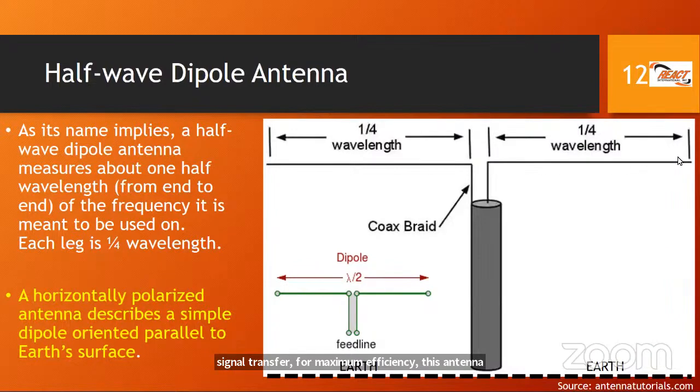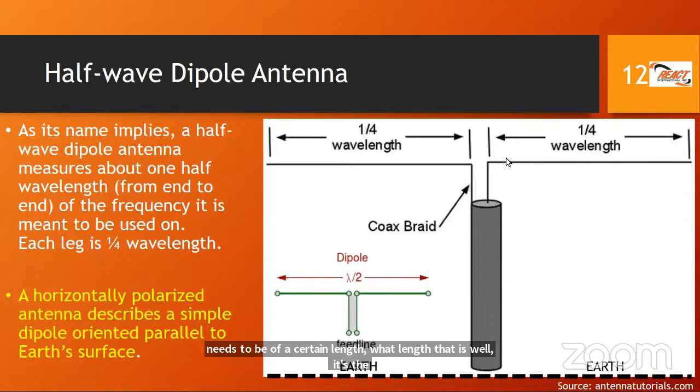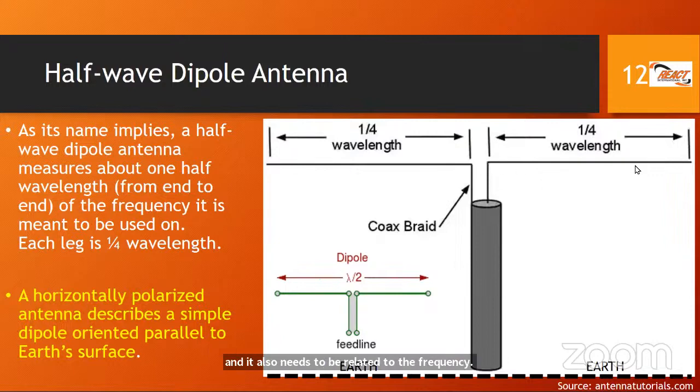What length is that? Well, it's the wavelength, and it also needs to be related to the frequency. So we need to cut, construct, or make this antenna for the particular frequency band, or the frequency itself, that we are looking to transmit on. That's where, again, the concept of resonance comes in.